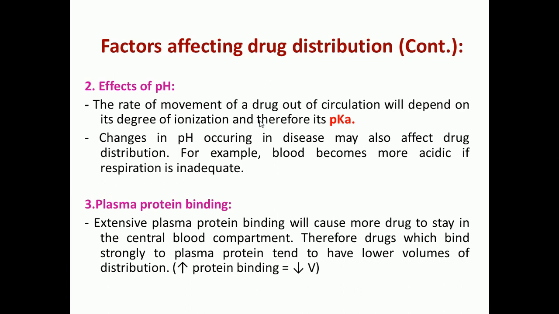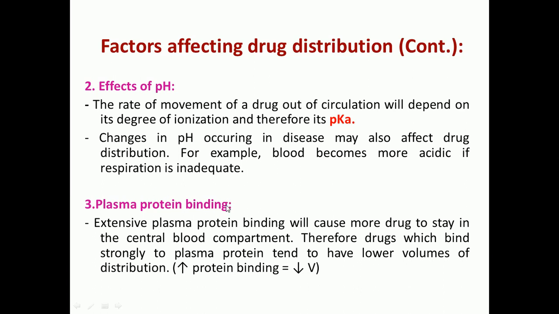Alkalosis is a rise in blood pH above the normal. So if a drug is acidic in nature and alkalosis occurs, the drug will become ionized in that medium, or vice versa. If acidosis has occurred and the drug is basic in nature, then it will become ionized, so it will affect the distribution.